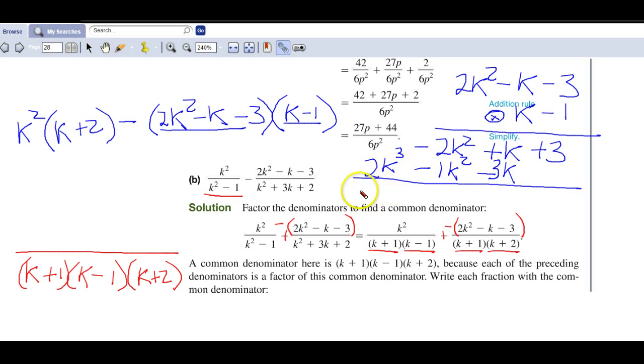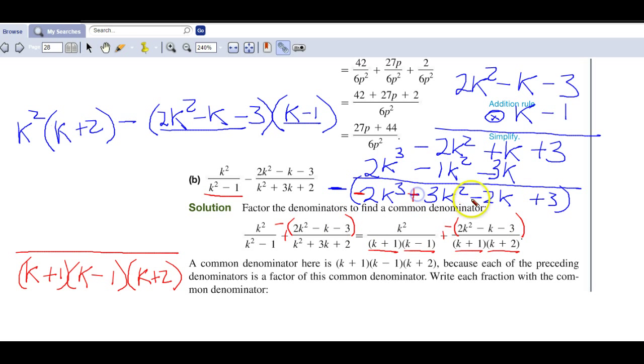So now I get 2k cubed minus 3k squared minus 2k plus 3. And again, keep in mind this is all in parentheses. And what's out in front there? A negative sign. Wow. So now what I have to do is take away the parentheses and change all these signs. This will become a negative.